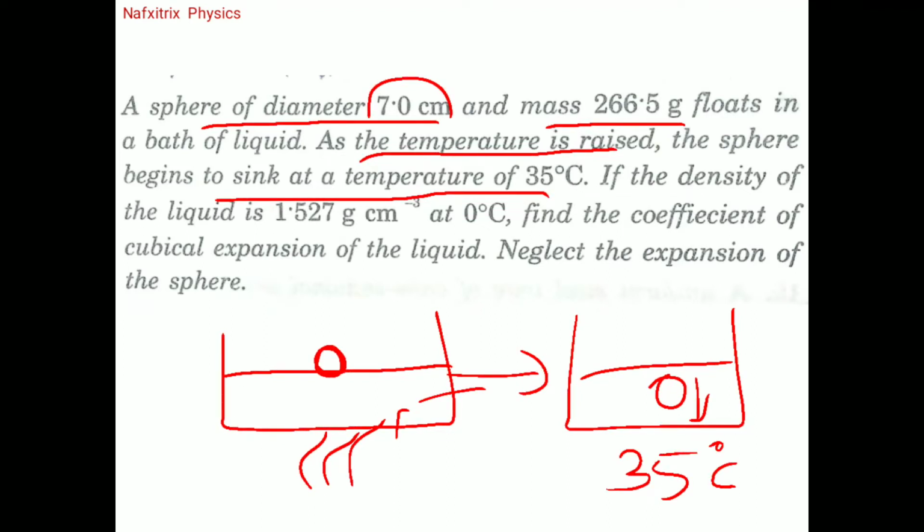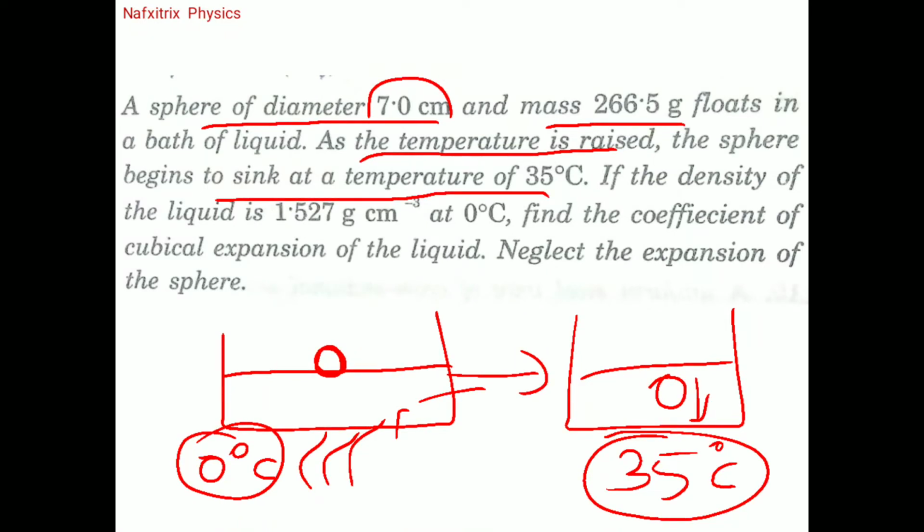This was the case when the temperature was 0 degrees centigrade: the sphere was floating. But when the temperature is changed to 35 degrees centigrade, it is now trying to sink.